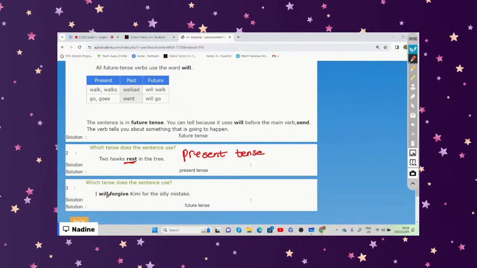And I will forgive Kimi for the silly mistake. So which tense does the sentence use? I will forgive Kimi for the silly mistake. Is this the present tense, the past tense, or the future tense?